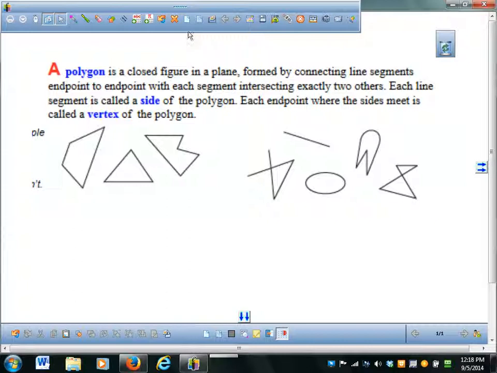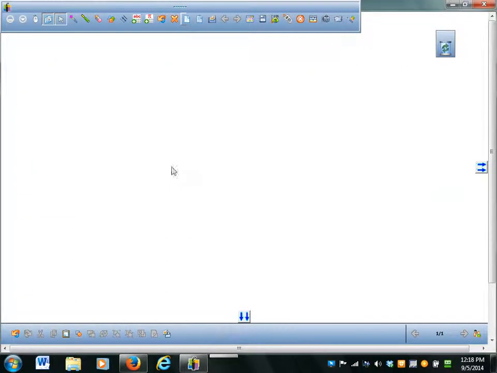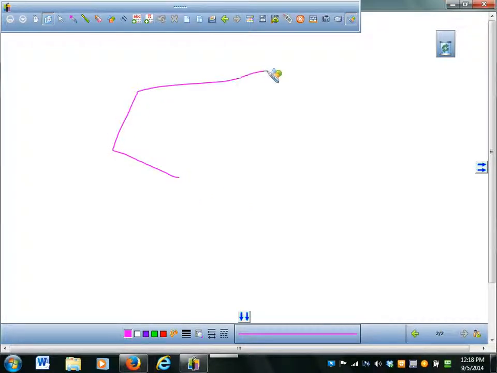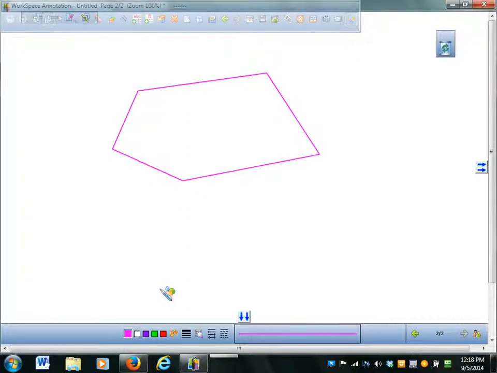So, next page. Let me draw a picture of a polygon. This is my favorite tool. I can draw a picture of a polygon. Boom, boom, boom, boom, boom. Let's see what that does. Oh, isn't that cool? Have I shown you this tool before? Yes. Okay.